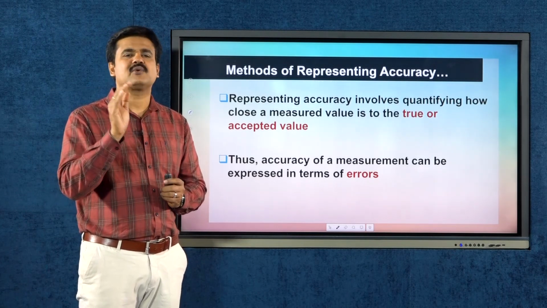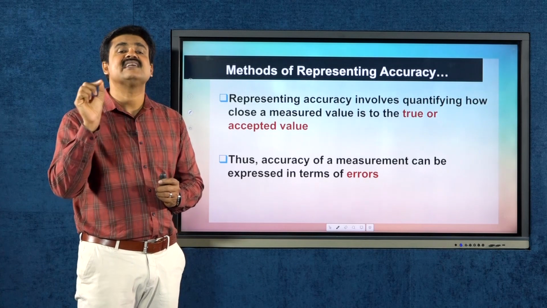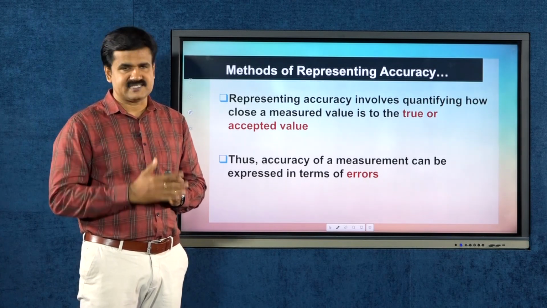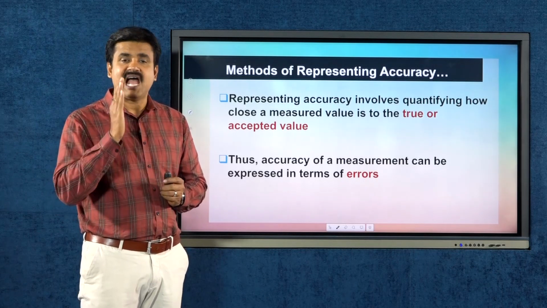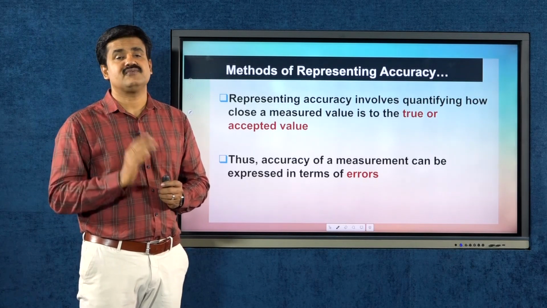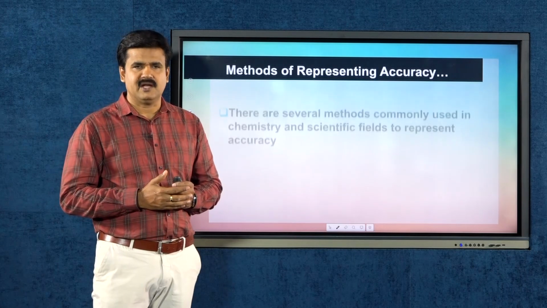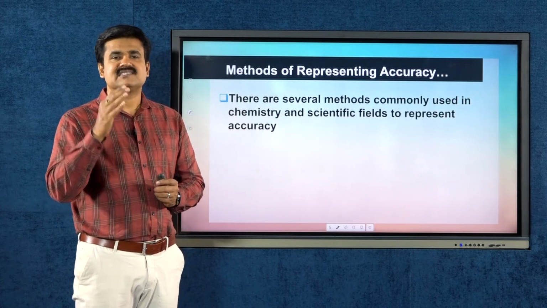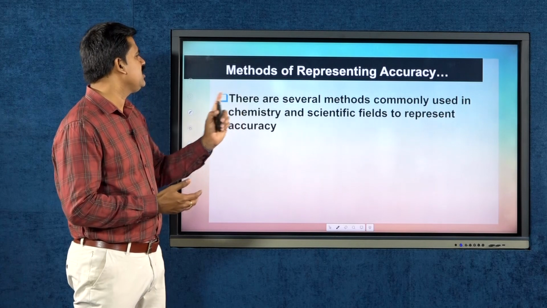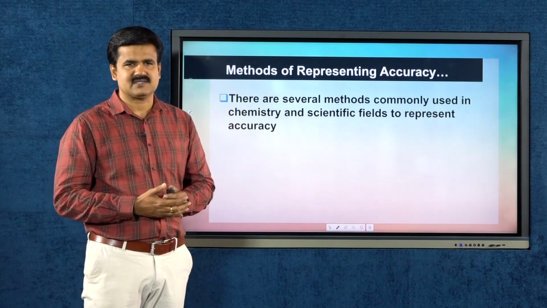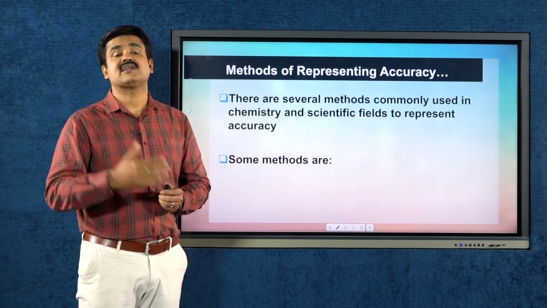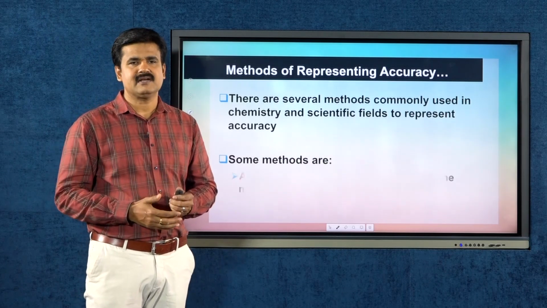A more accurate measurement is less erroneous and vice versa. That is, we can express accuracy in terms of errors. Now, there are several methods commonly used in chemistry and scientific fields to represent accuracy. Some important methods are described here.